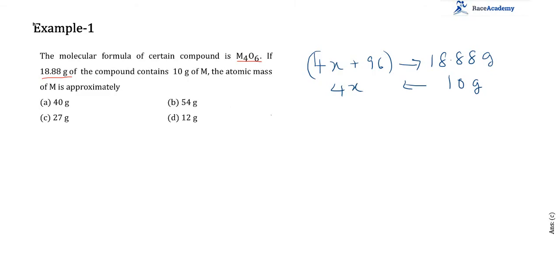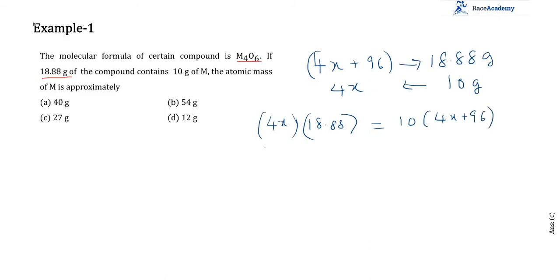So upon cross multiplication, what will happen? We'll see 4x into 18.8 is equal to 10 into (4x plus 96).